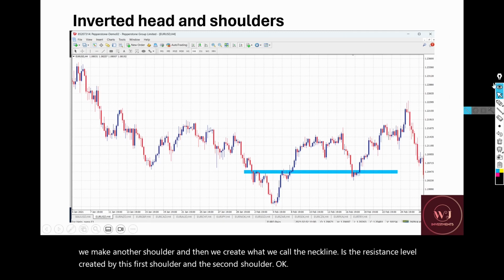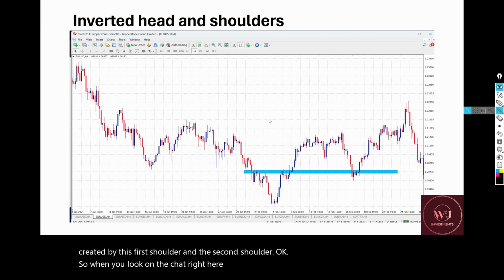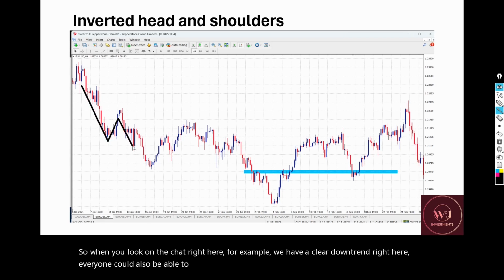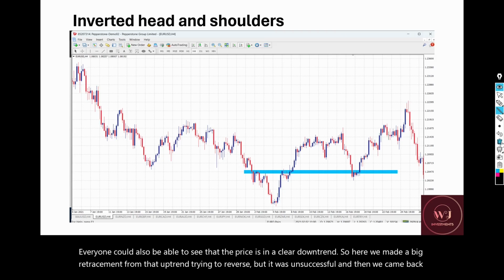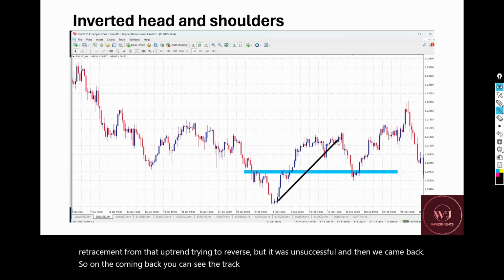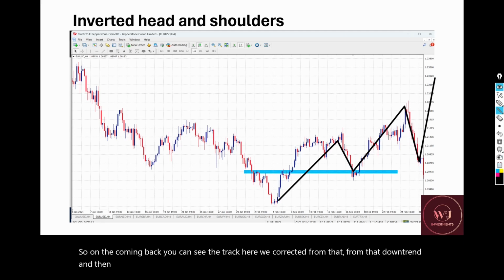So when you look at the chart right here, for example, we have a clear downtrend. Everyone can see the price is in a clear downtrend. So here we made a big retracement from that downtrend trying to reverse, but it was unsuccessful, and then we came back. So on the coming back, you can see that right here we corrected from that downtrend, and then we reversed into an uptrend.